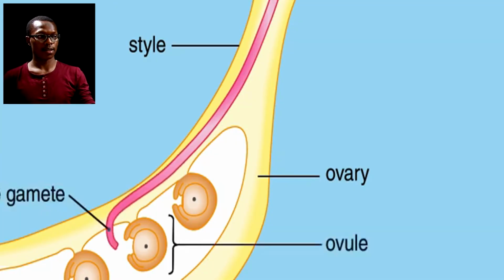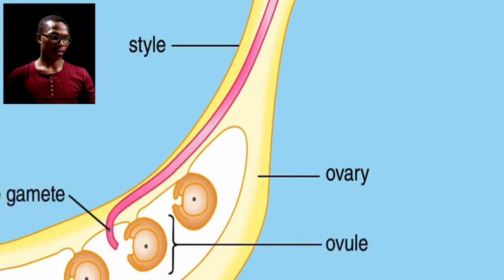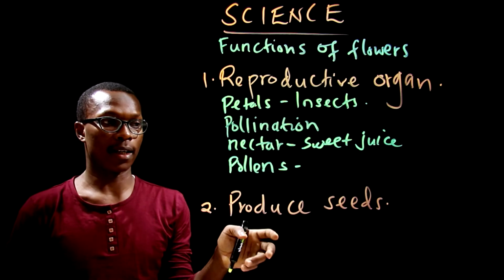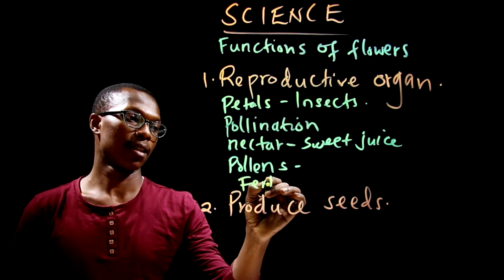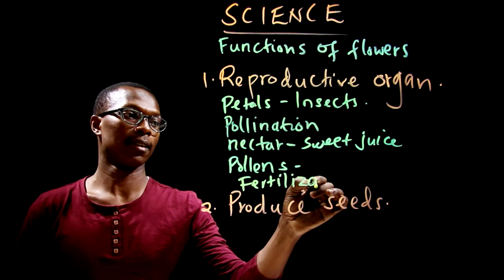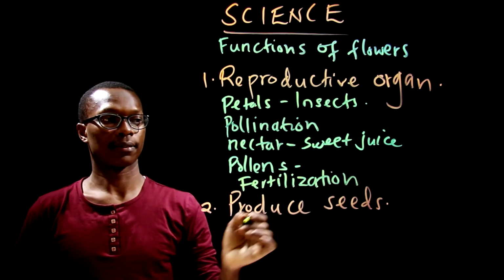The ovules is where the pollen meets the ovules, and that's where we get what we call fertilization. That's how fertilization takes place.